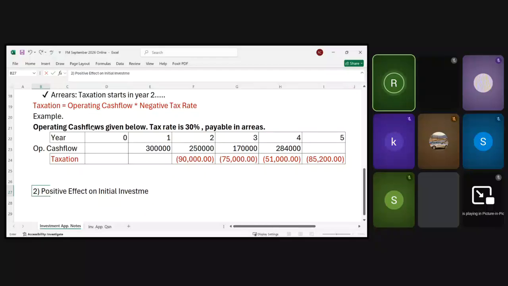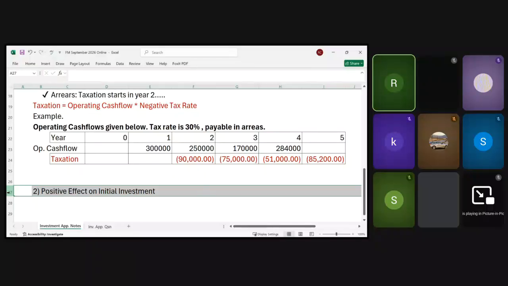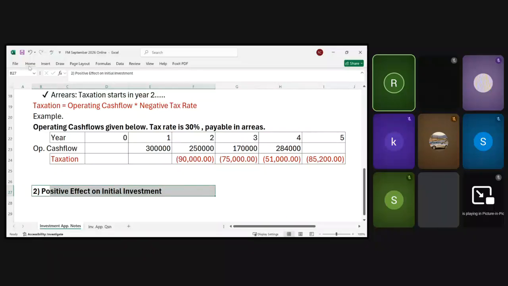So when you invest into a project, you are going to be given an allowance. Your tax payable is going to reduce by a certain amount, but that amount is calculated based on your initial investment amount.